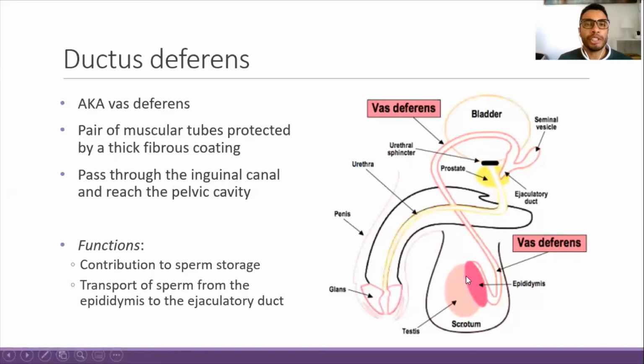So it takes approximately 14 days for a sperm cell to get maturation. Okay, and the lifespan of a sperm cell is approximately 60 days. So after that, if it is not ejaculated, it will eventually die and be absorbed by the organism.